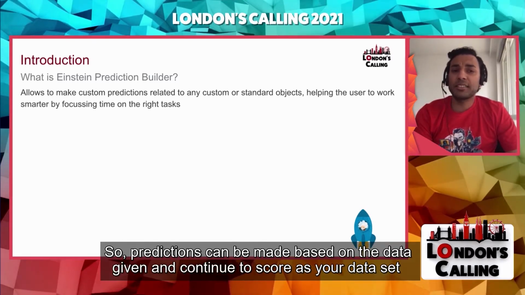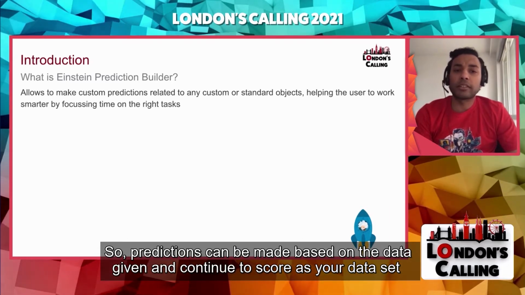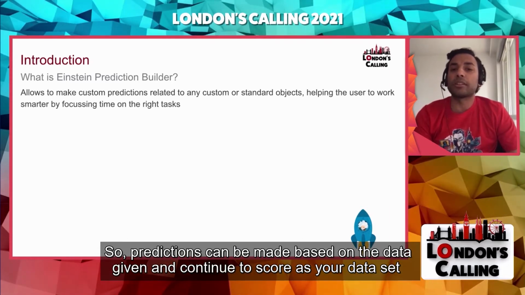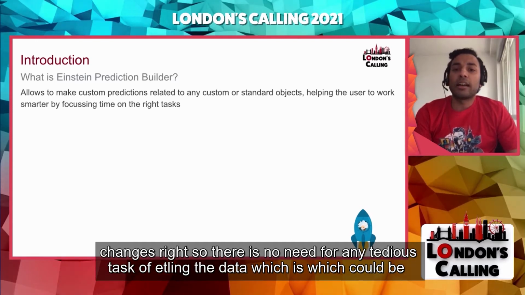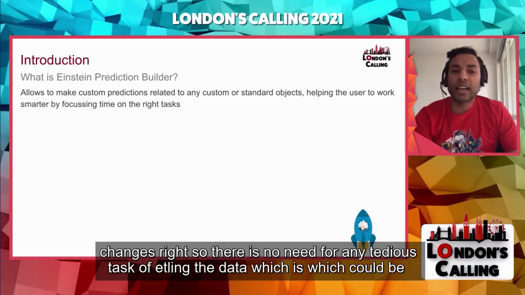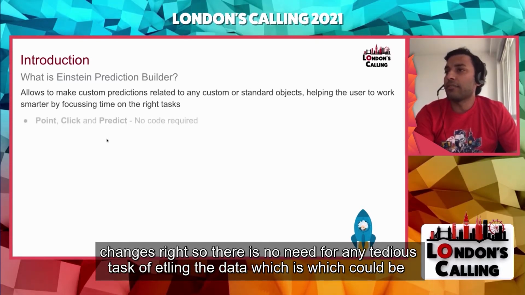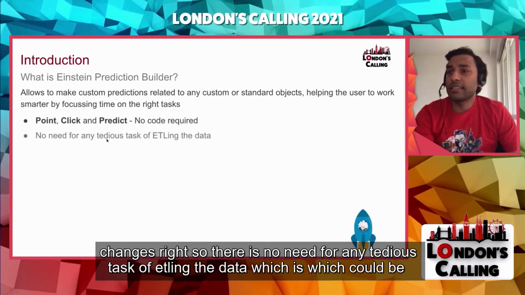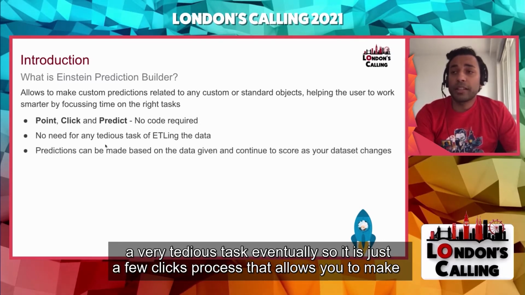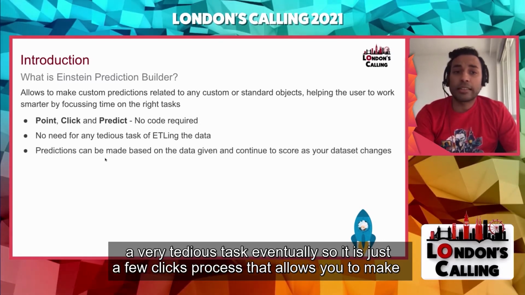Predictions can be made based on the data given and continue to score as your data set changes, right? So there is no need for the tedious task of ETLing the data, which could be a very tedious task eventually.